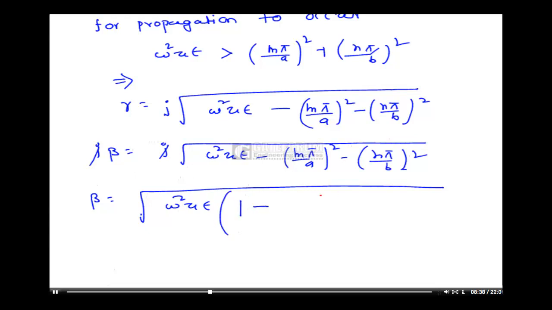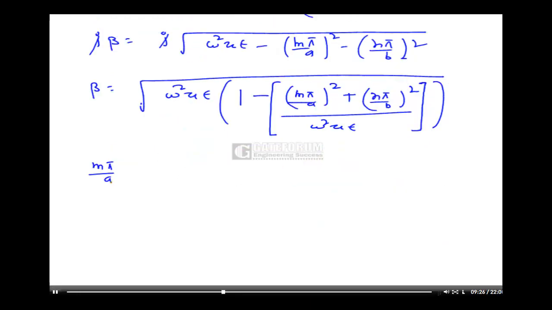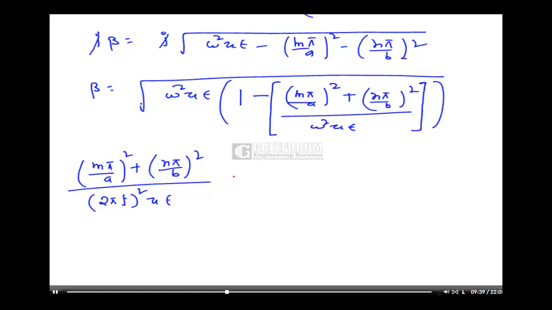Then this is equal to 1 minus [(mπ/a)² + (nπ/b)²] divided by ω²με. Let me simplify this further. Simplifying (mπ/a)² + (nπ/b)² by ω², that is (2πf)²με.